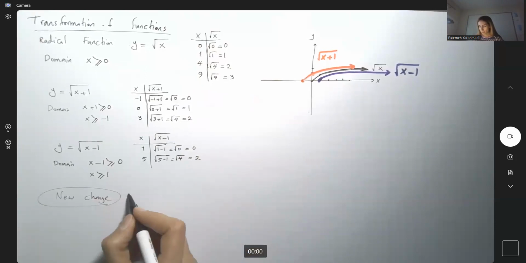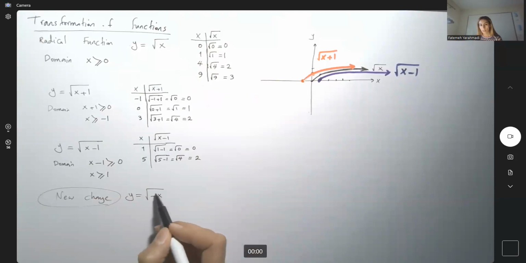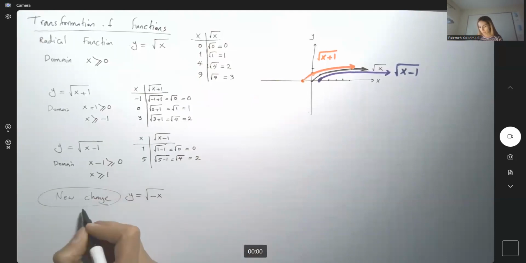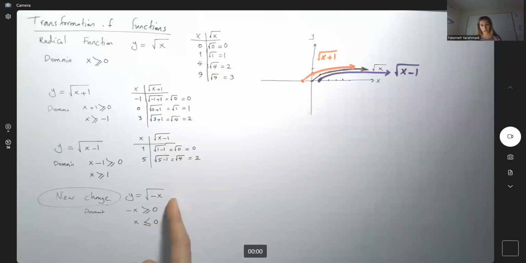I know this quantity must be positive, so for the domain, minus x must be larger than or equal to 0. If I multiply both sides by a negative sign, x becomes less than or equal to 0, all negative numbers and 0.